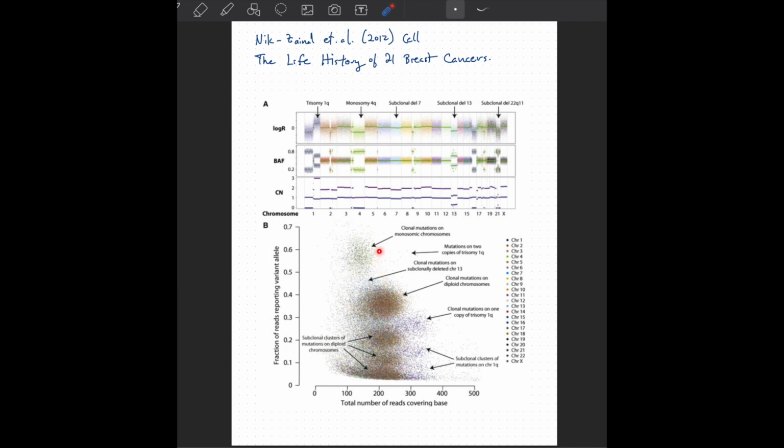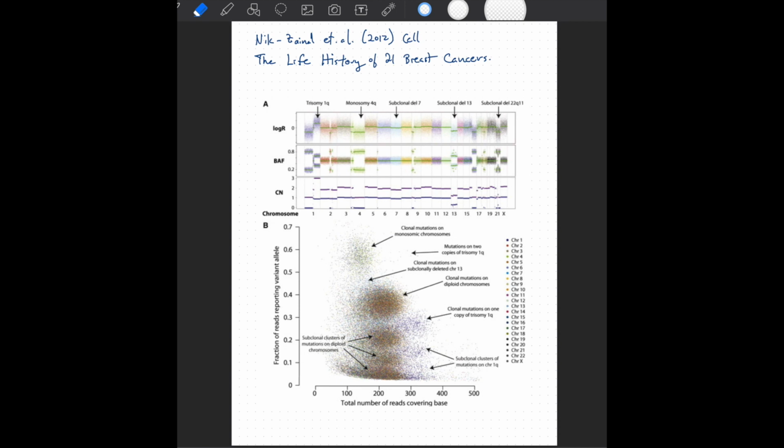So here this is monosomic because the number of reads in this region has dropped, and for some of these guys up here, the number of reads has increased significantly, so that would be a sign that there's been amplification or gain in those regions.